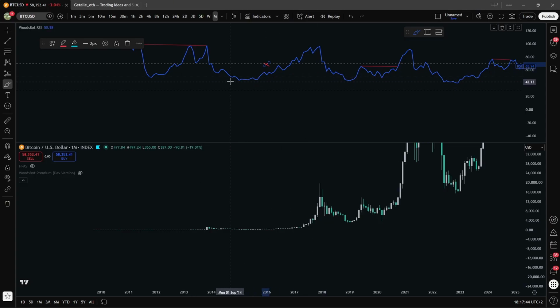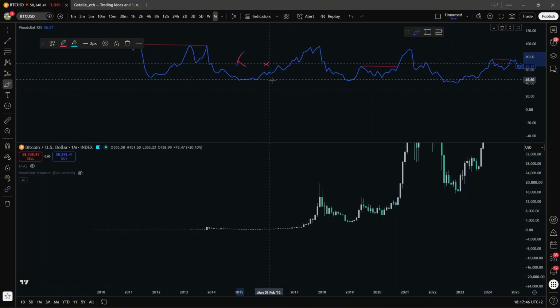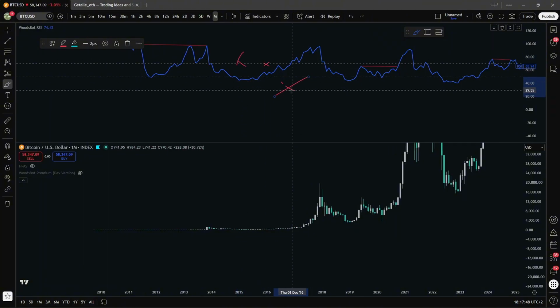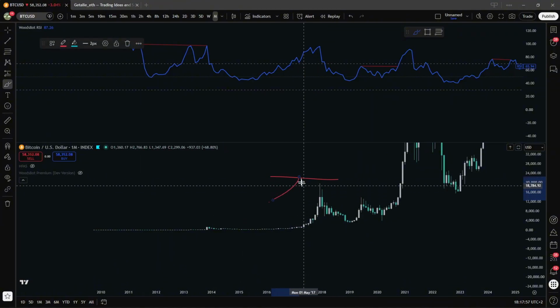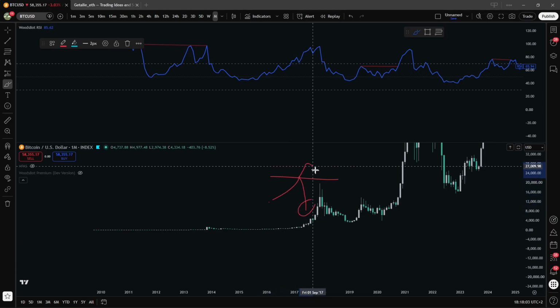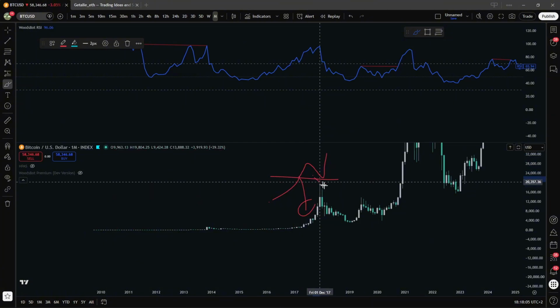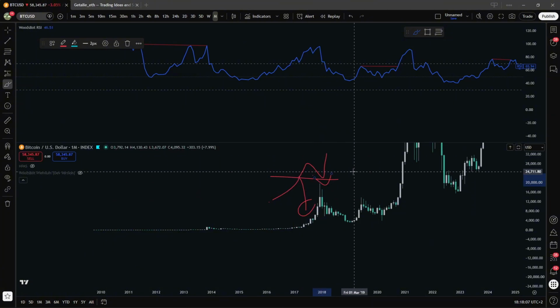You can think about the 70 and the 30 number as sort of resistance and support. In the same way where you have resistance and price action comes into the resistance and then rejects, this is bearish. But if price action actually accepts above the resistance and now becomes support, this is bullish, right?